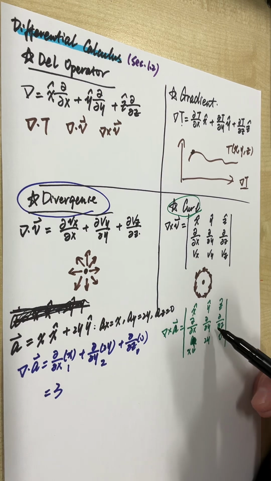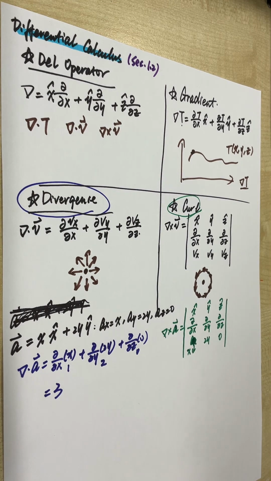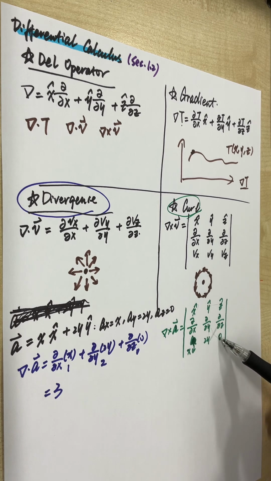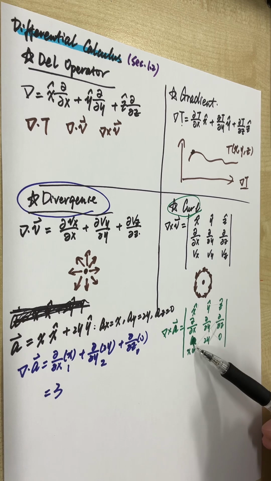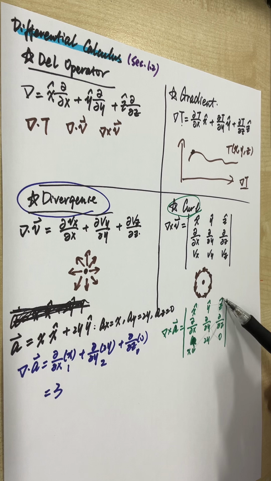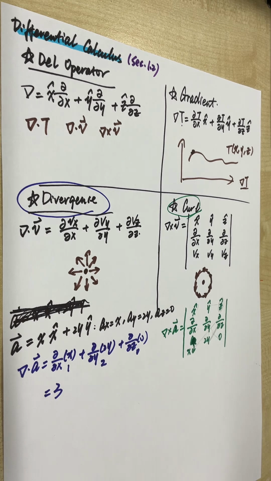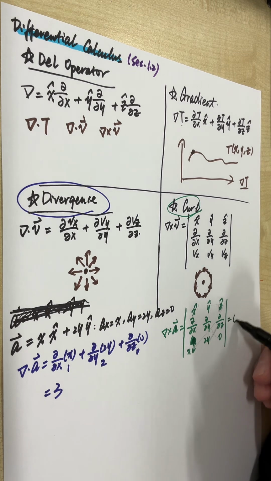So for the x direction, we have 0 here, and y is not a function of z, so this gives us 0 as well. In the y direction, these two give us 0, and x is not a function of z, so that gives us 0 as well. And then in the z direction, x is not a function of y and y is not a function of x. So overall, the curl here gives us 0.